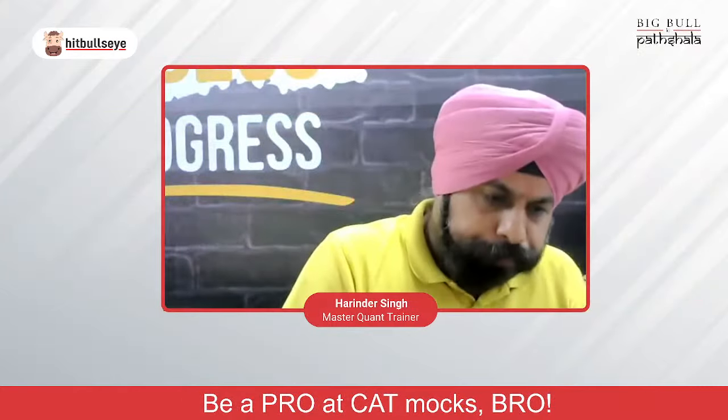Now, students, I talk about a general solution for such questions. If you talk about a paper which has a good difficulty level like CAT, I am talking about the average student perspective.